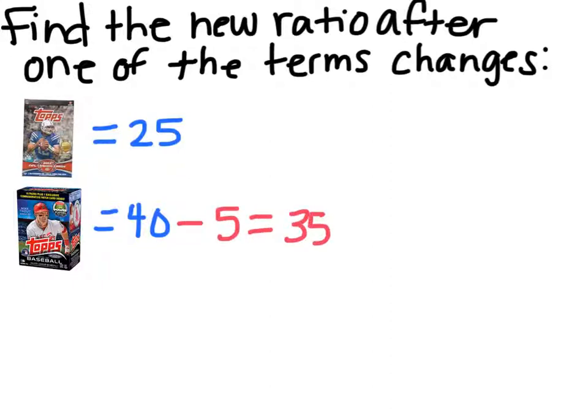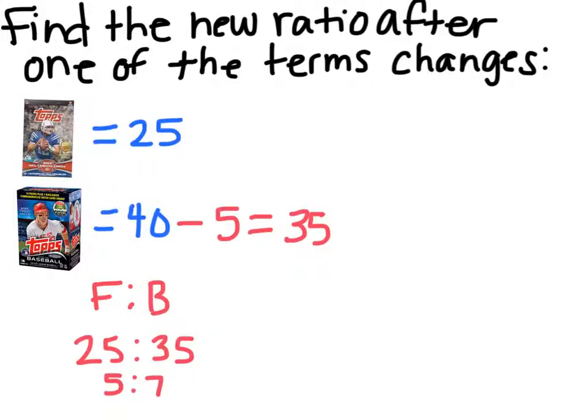So now we need to write a ratio of the number of football cards to the number of baseball cards that Ernesto has now. So let's see, he has football to baseball will be 25 to 35. That's not in simplest form, however. We can divide each of these by 5, giving us a new ratio of 5 to 7.